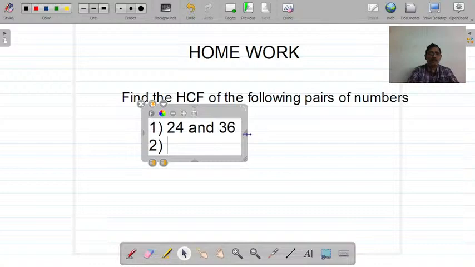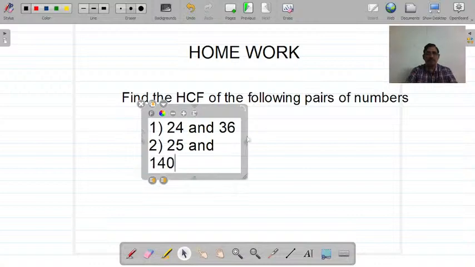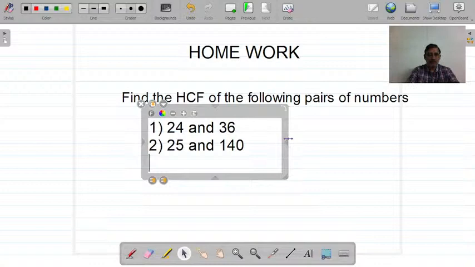Second one, 25 and 140. Third one, 120 and 500.